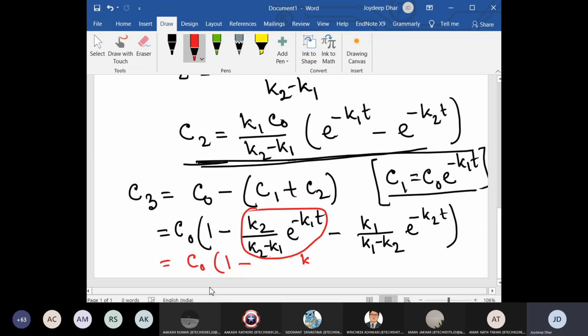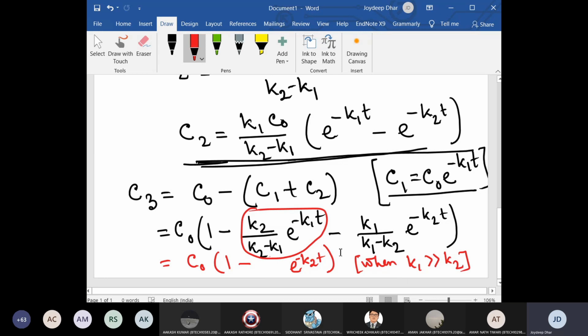So the final concentration term will be e to the power minus K2 into T, when K1 is much larger than K2. So you have to ignore this term, and the final form will be this one.